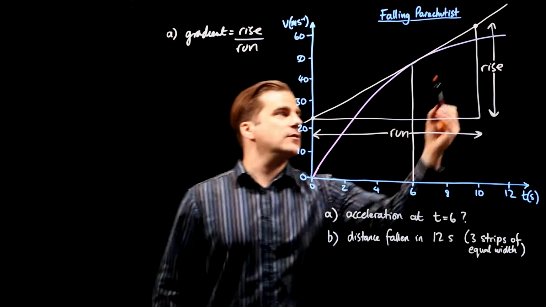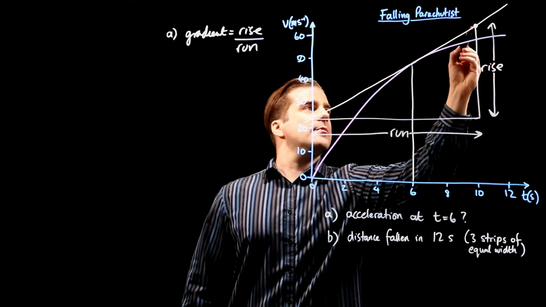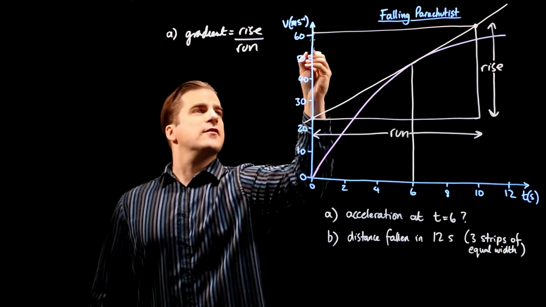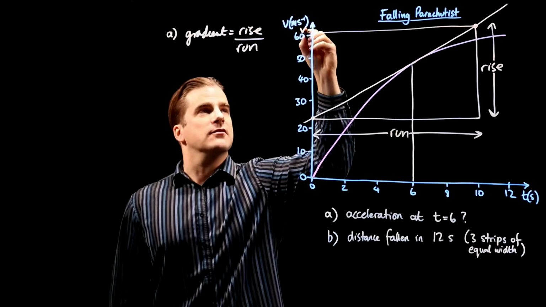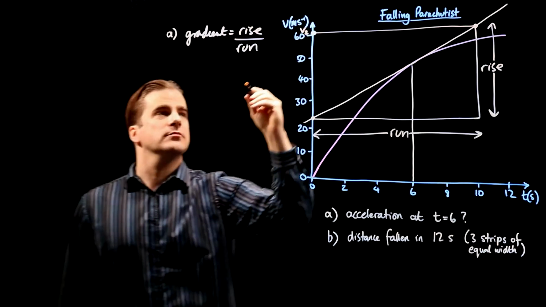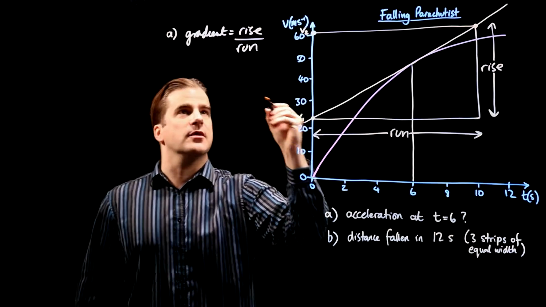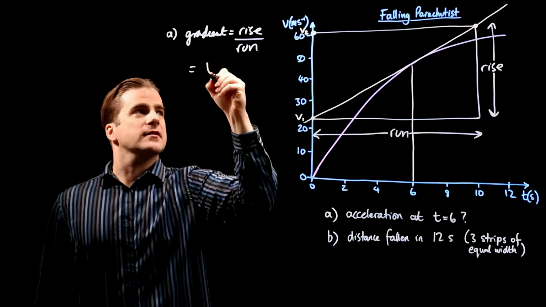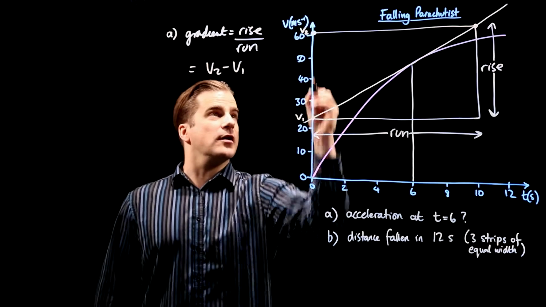Okay, so you have to work out the rise to start off with. Well, the rise will be whatever that value is. I'm just going to call that V2. And I'm going to call whatever this value is V1. So the rise is V2 minus V1. That minus that. Okay, it's gone up that distance.